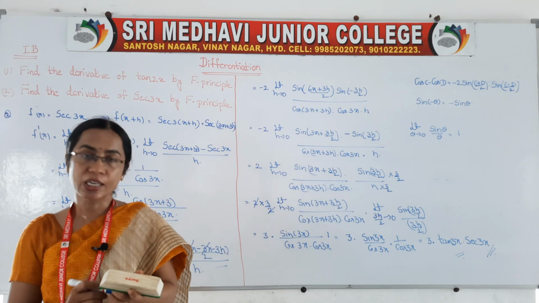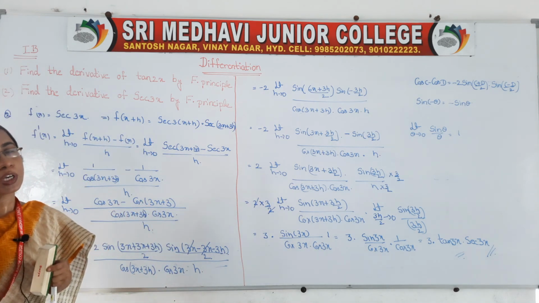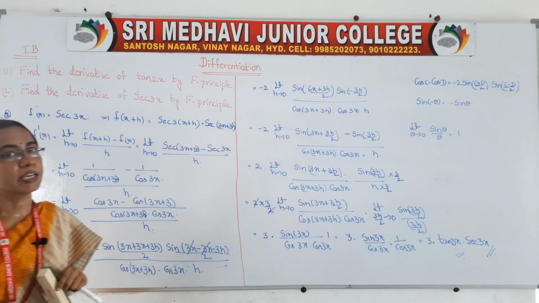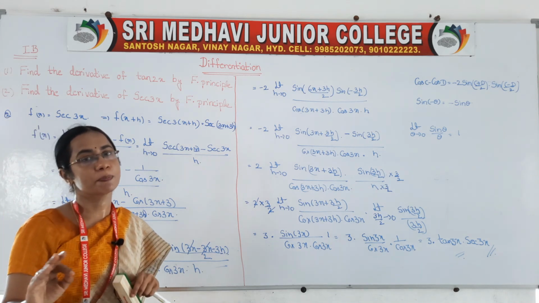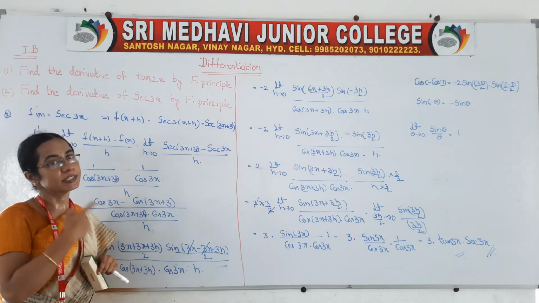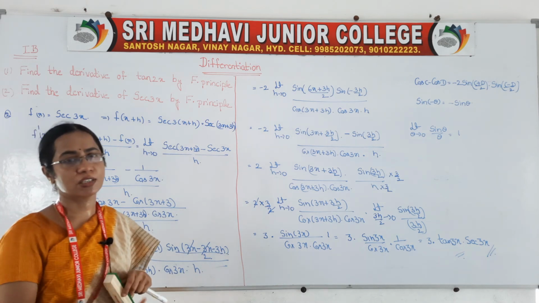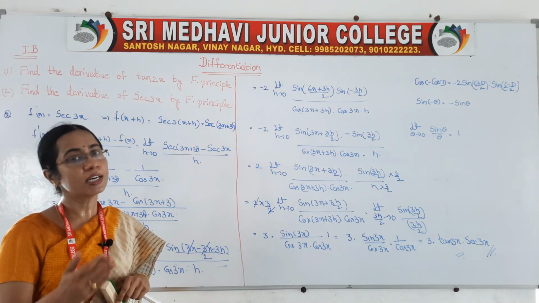Okay, so with this we finished first principle problems. If it is mentioned particularly to solve by first principle, then only you have to go for this method. Otherwise, for normal differentiation, we use d by dx formulas and find the derivative.